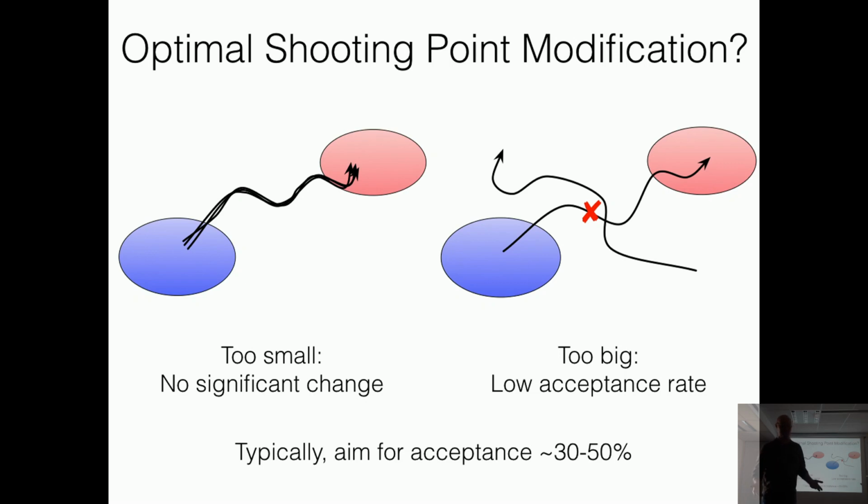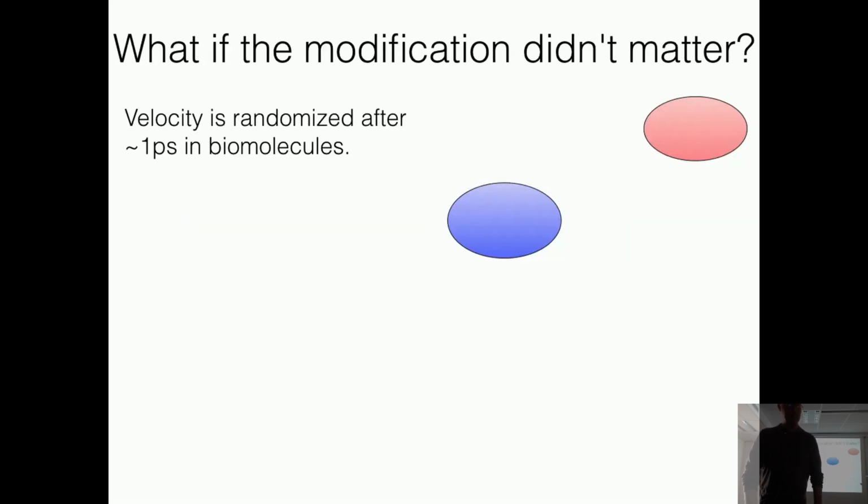And if it's rejecting every time, then you're not adding any information at all. So you have to tune that parameter if you're doing that kind of shooting, at least. But maybe there's another way around that. So if you're dealing with biomolecules, if you're dealing with large condensed phase systems, the velocity gets pretty much randomized in a relatively short period of time.